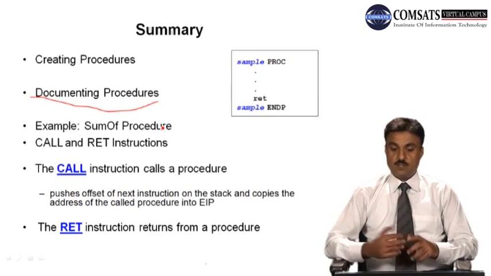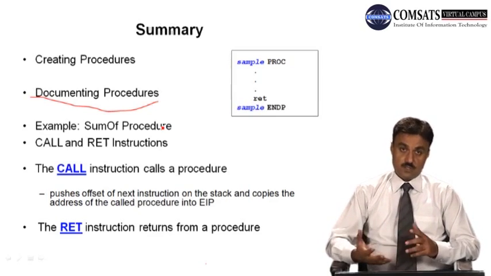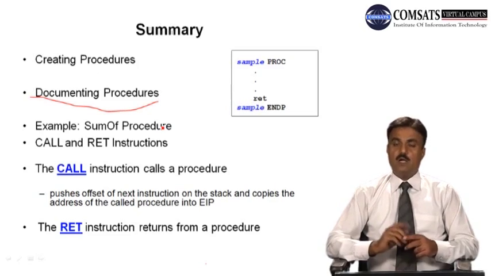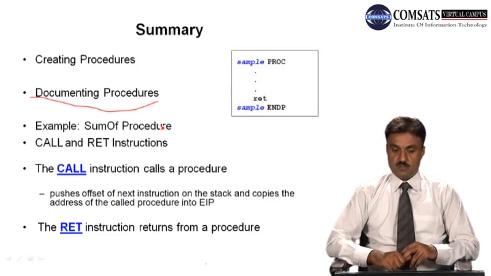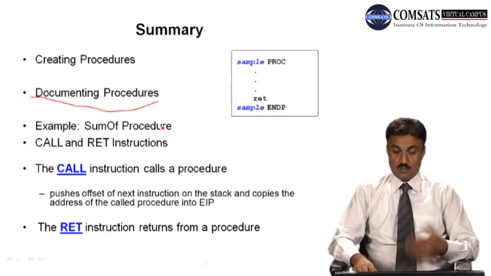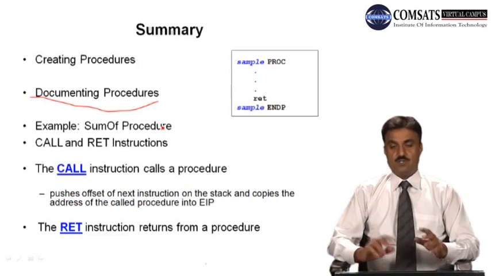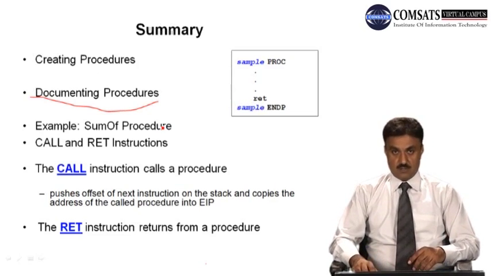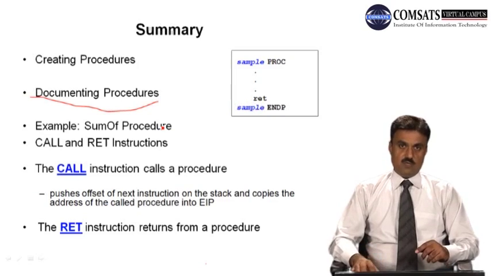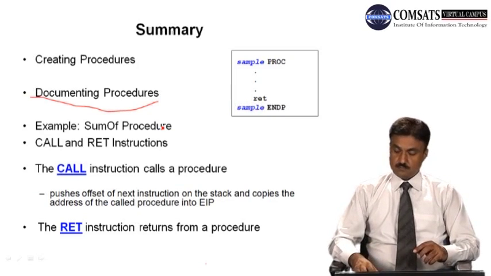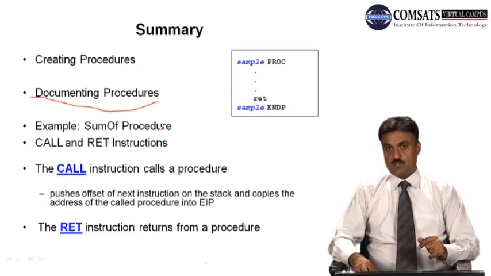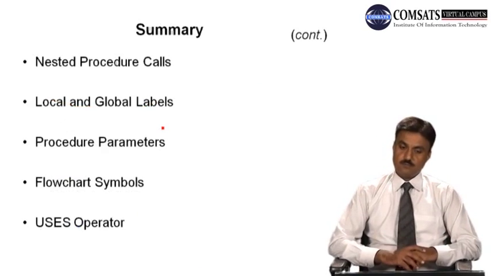As we know, the call instruction calls the procedure and the return instruction exits from the procedure, and control is transferred to the main procedure or the calling procedure or main program. And the instruction pointer and stack segment or stack pointer, these two registers are involved, to store the instruction pointer register and so on.